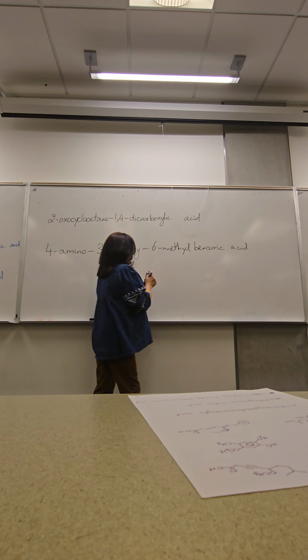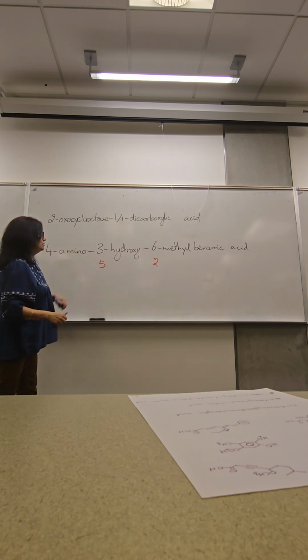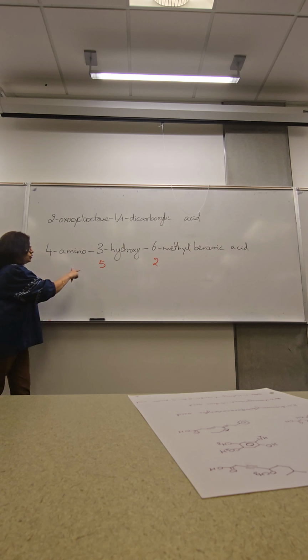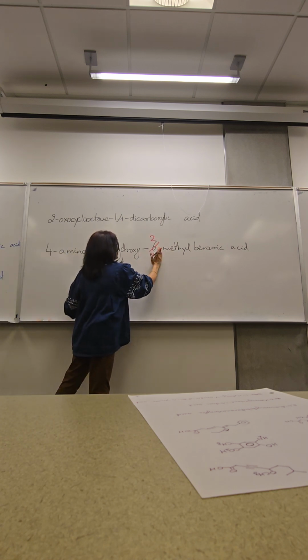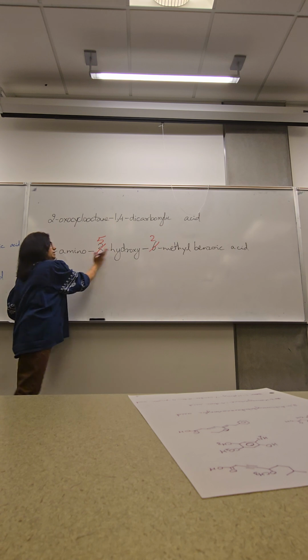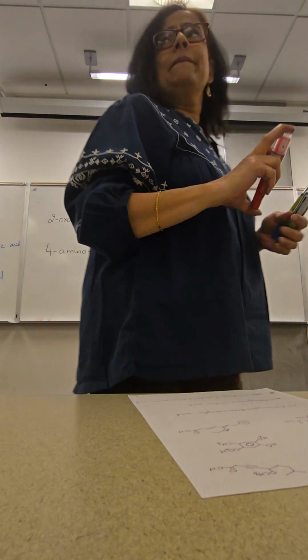That would be 2. So which is a better combination? Is it 2, 4, 5? So you do have to pick the smallest combination of numbers, so you get a number from the other side. 4 amino, 5 hydroxy, 2 methyl benzoic acid.